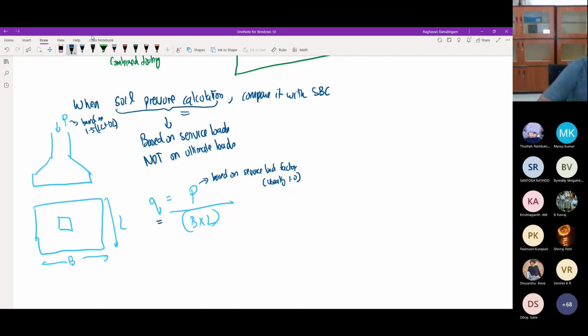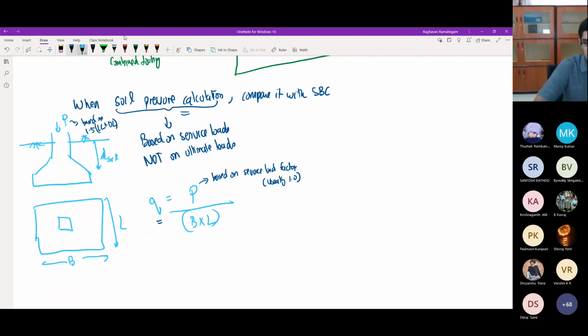Another thing is that usually above this footing you have some soil acting on it, some depth of soil.